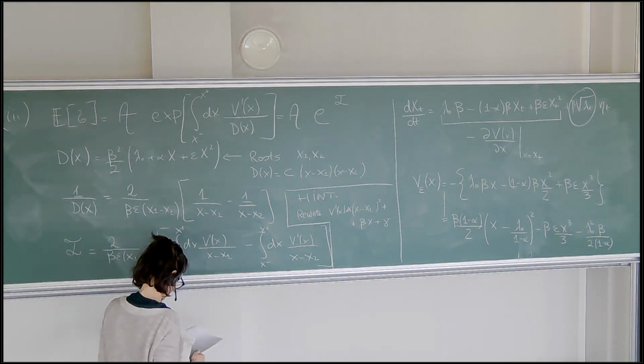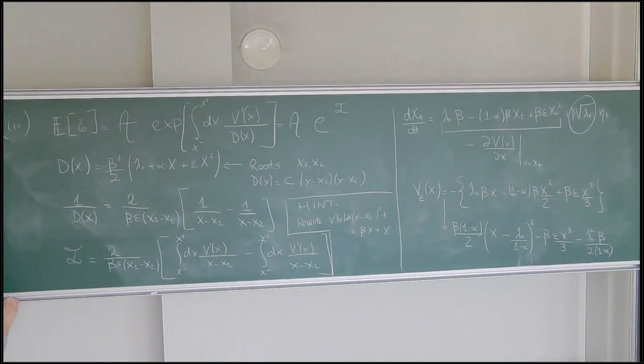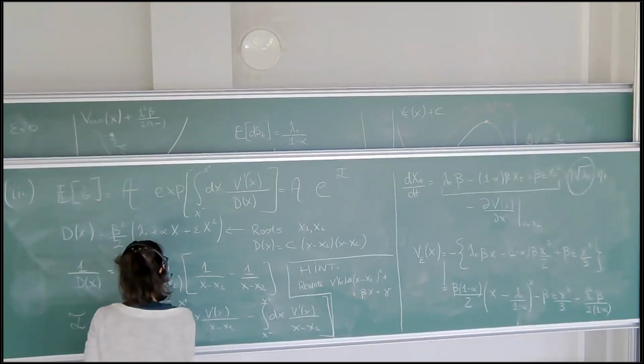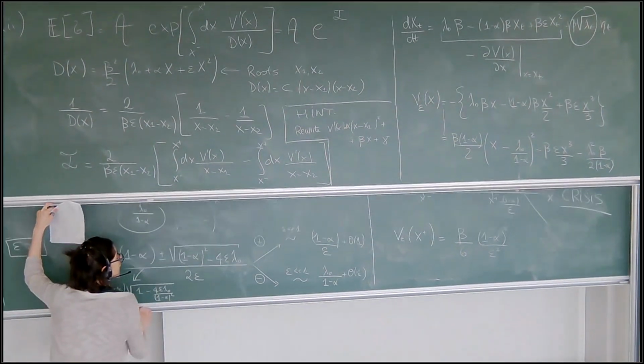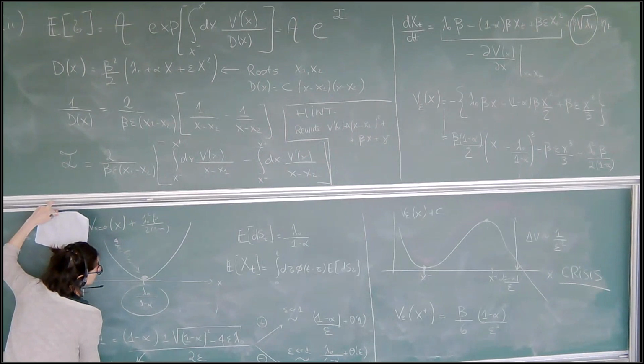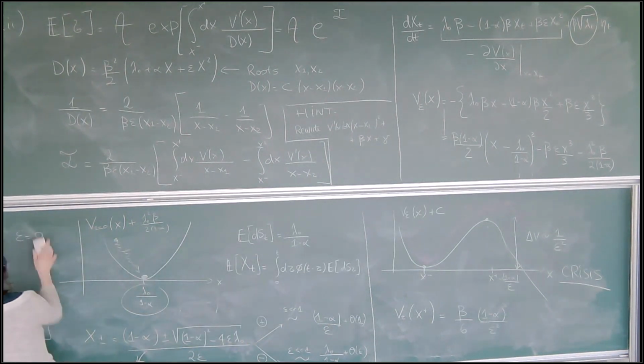And now let's comment on what comes out of this. So doing all of the math, and then doing an expansion for small epsilon, which is what we are interested in.